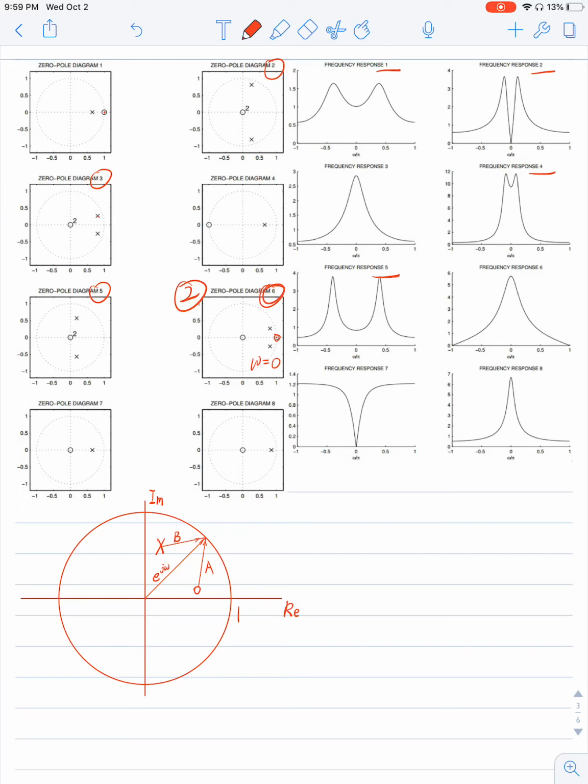For diagrams 2, 3, and 5, the general form of the systems is H of z equals z squared over z minus c e to the minus j theta times z minus c e to the j theta. Here, take diagram 5 as an example.